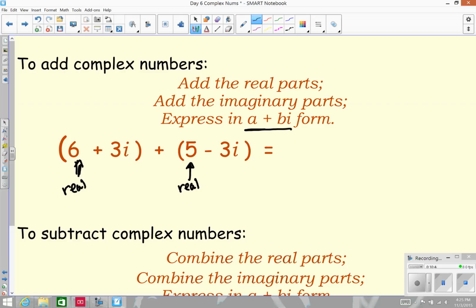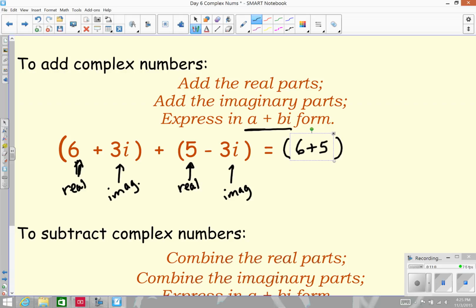So I can express this sum as adding my real parts together, 6 plus 5, and then I'm going to add the imaginary parts. That would be the 3i and the negative 3i.